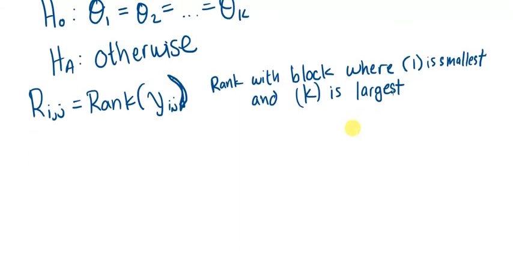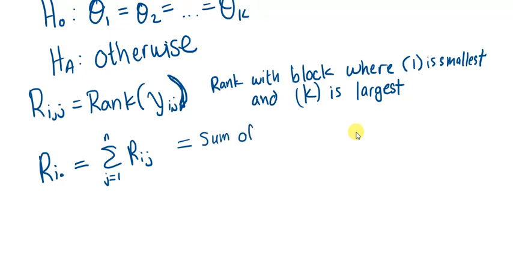Then our test statistic for the Friedman test. Well, let me actually introduce one more thing. Ri dot is equal to the sum from j equals 1 to n of Rij. So this is the sum of ranks by treatment.